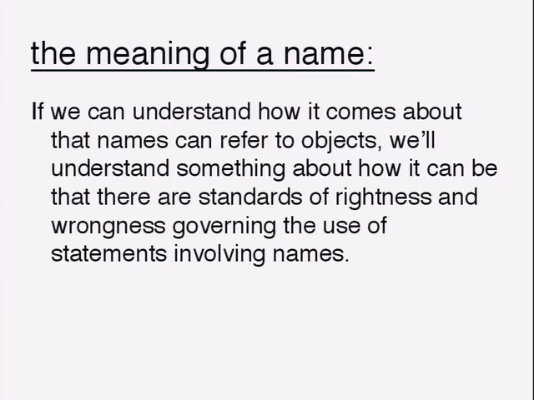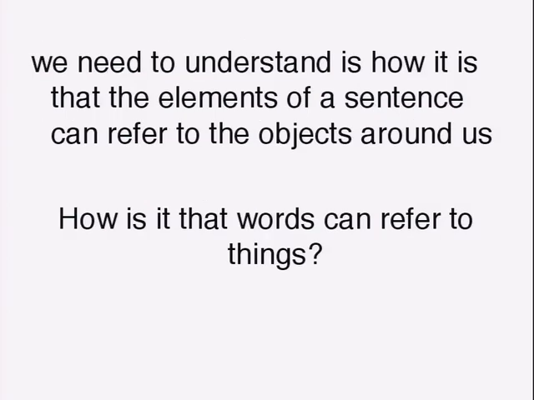If we can understand how it happens that names refer to objects, so the sign gets hooked up to the thing, then we'll understand something about how there are standards of rightness and wrongness governing the use of sentences, statements involving names. Then we'll have got somewhere with understanding how language works.